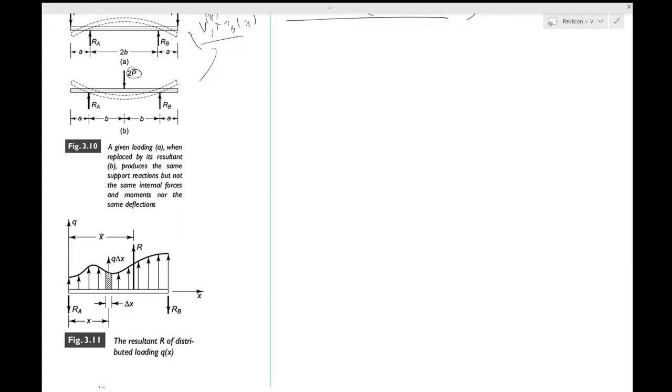You write the actual equations of equilibrium twice, once using the actual load and once using the resultant R at x. The two sets of equations must give identical reaction forces if R is to be the resultant. So take sigma Fy, and then you take the integral from 0 to L of q dx. That would give you the entire force, the area under this curve.